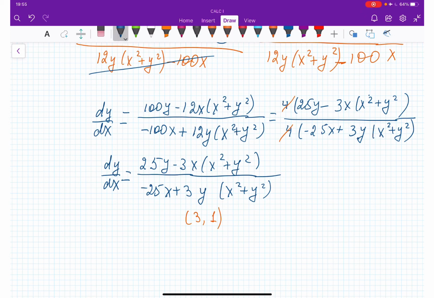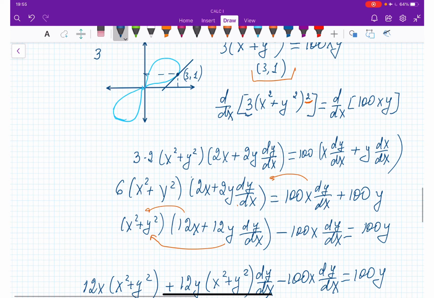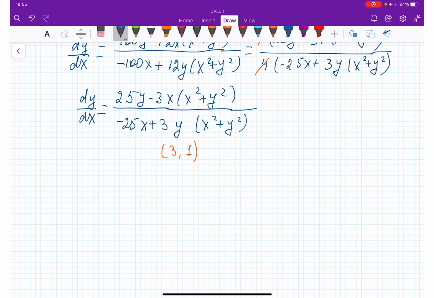Because we need to find the slope at this point, 3, 1. So therefore, dy by dx is equal to 25 times 1, right?